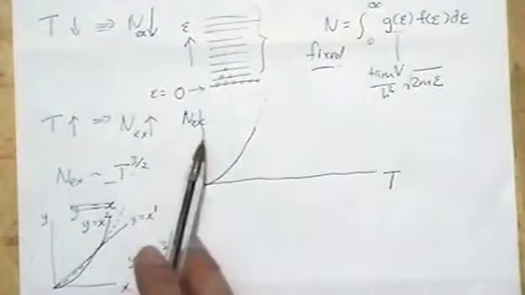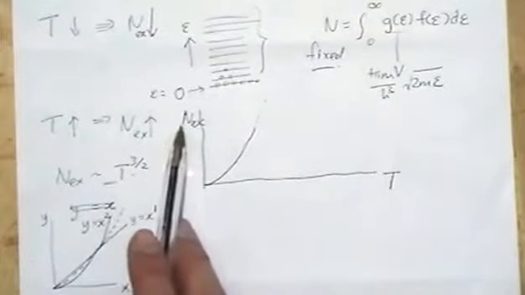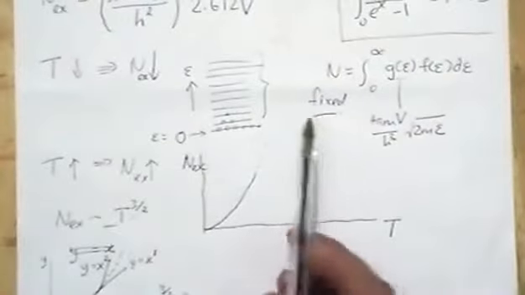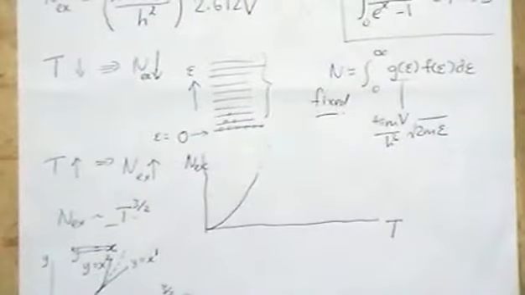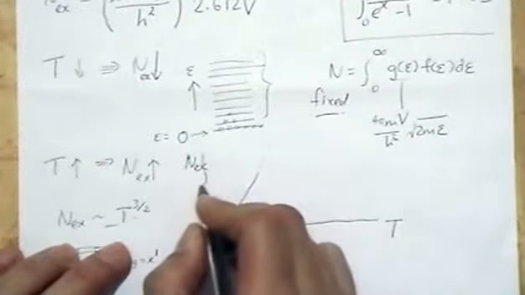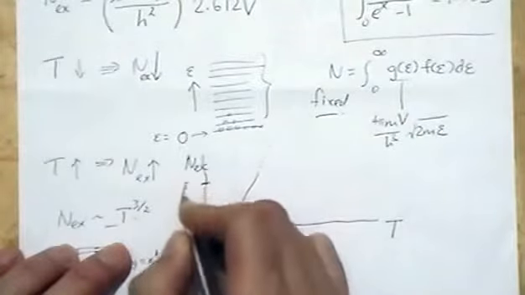So NEX, number of excited particles, cannot just keep going up forever. Surely it can't get more than the total number N. Okay, so let's say N is there.